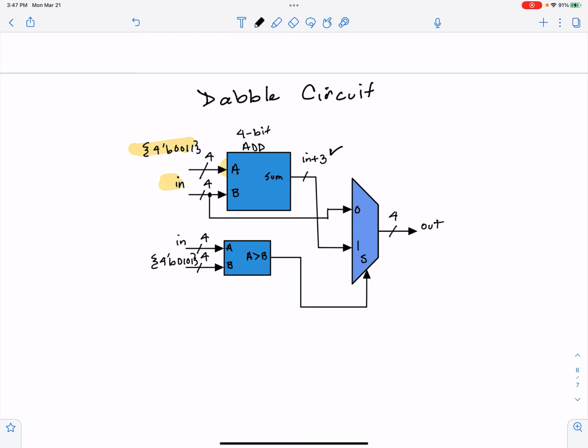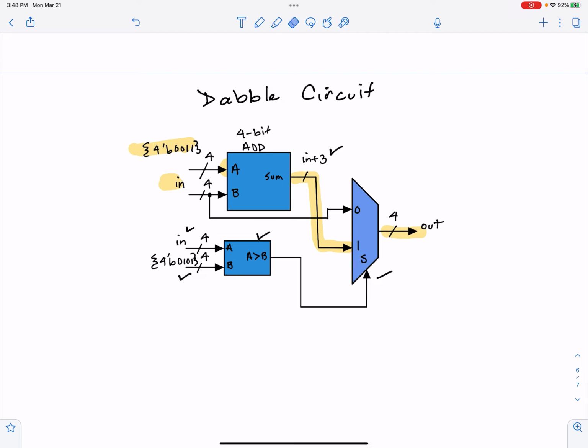Then we've talked about in class a comparator circuit, so I'm going to compare N with 5. If N is bigger than 5, I'm going to put that into a multiplexer with the select line. So if N is bigger than 5, we select the path that has N plus 3, and that goes to the output.